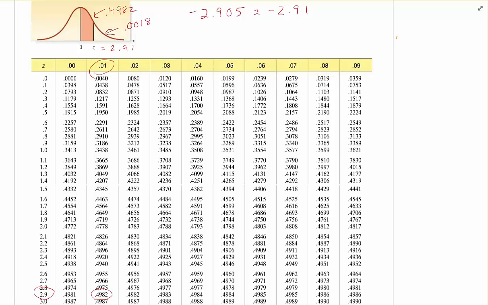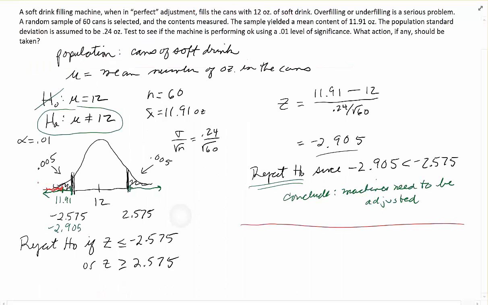And by symmetry, that's the value I need. So this area down here is 0.0018. For a two-tailed test, the p-value is equal to 2 times 0.0018, which equals 0.0036.